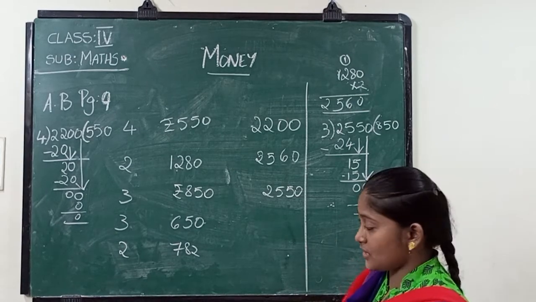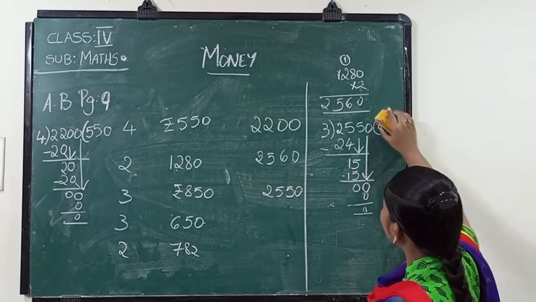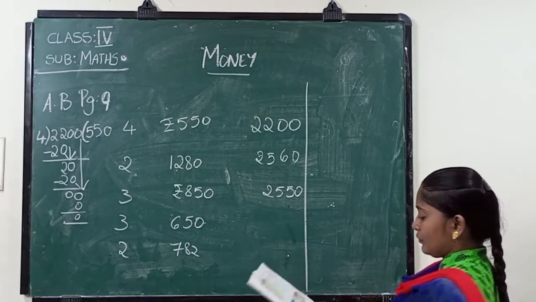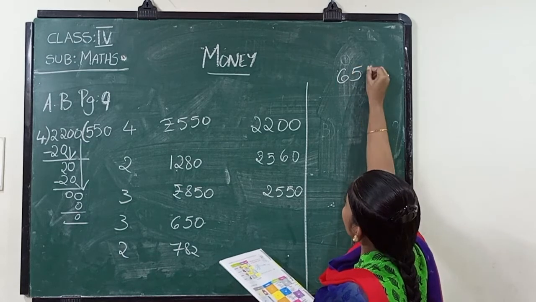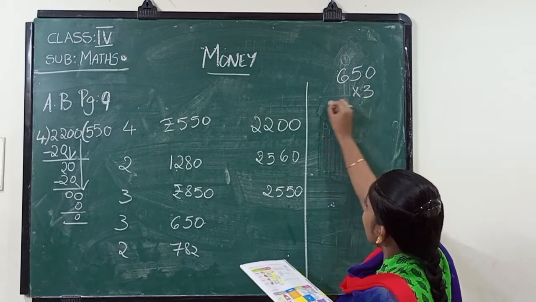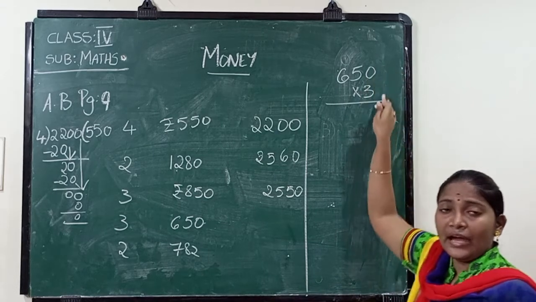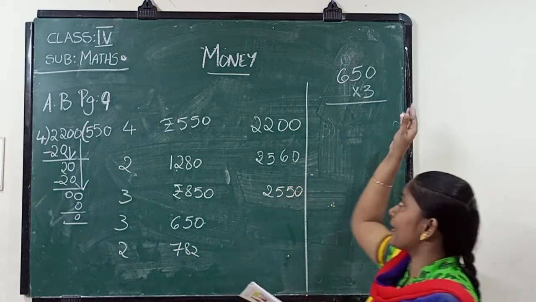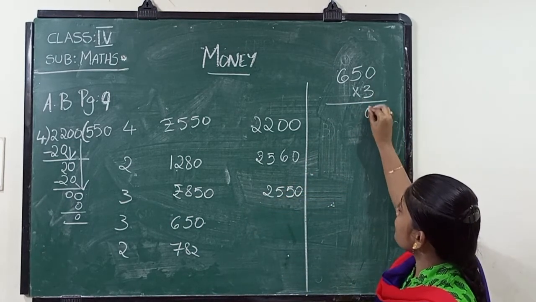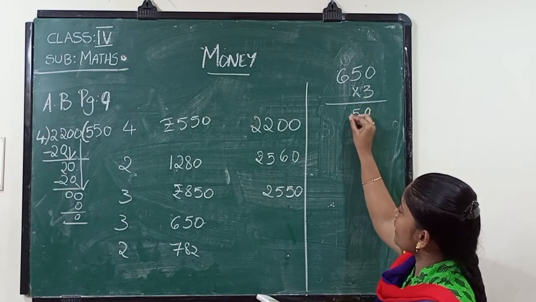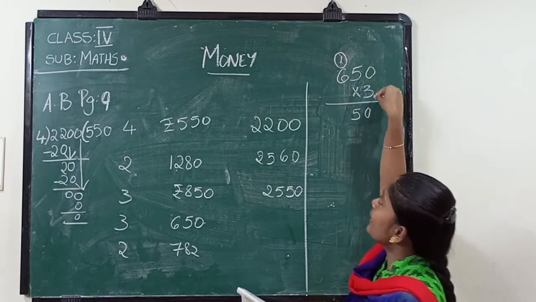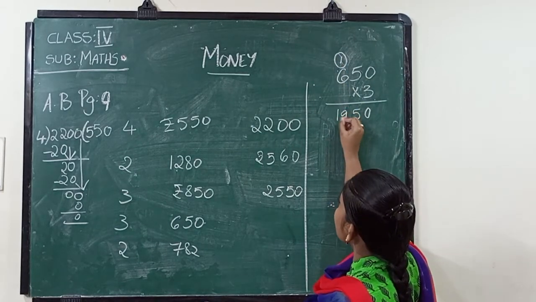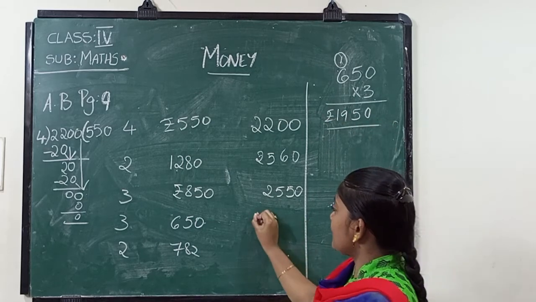Again we have to do multiplication here. 650 into 3 sarees. 3 zeros are 0. 3 5s are 15, so 1 carry here. 3 6s are 18 plus 1, 18 plus 1 is 19. So cost of 3 sarees is rupees 1950.